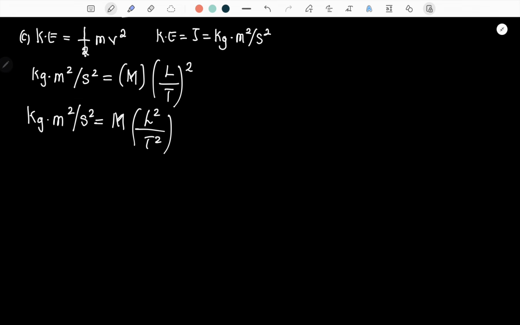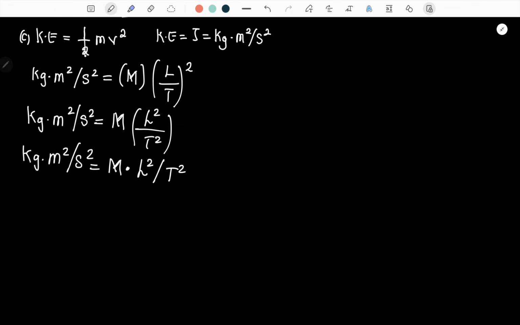Okay? So this is still kg, which is just the same as M multiplying L to the power 2 over T to the power 2.